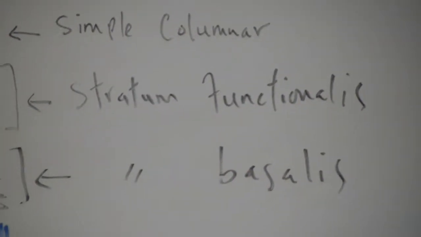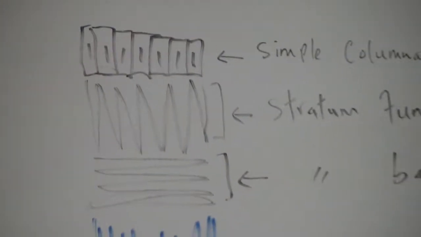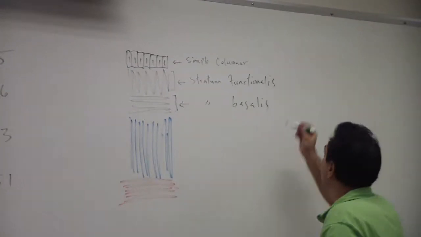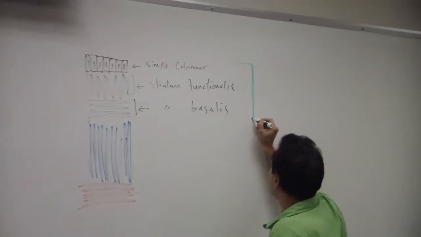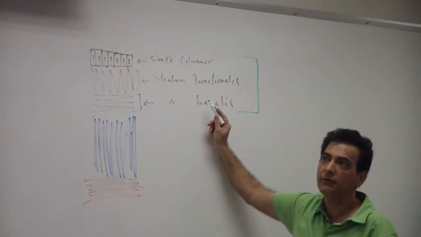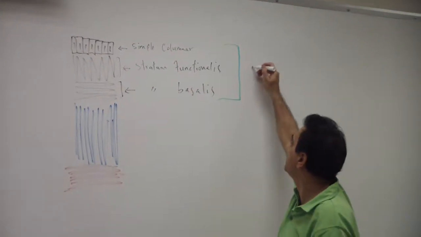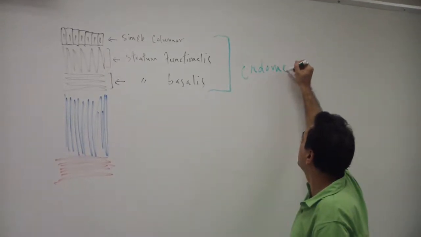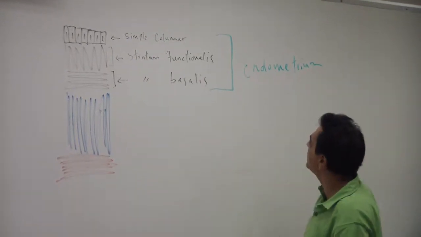Together, the simple columnar, the stratum functionalis, and the stratum basalis, that is your endometrium. That's what endometrium is made up of.